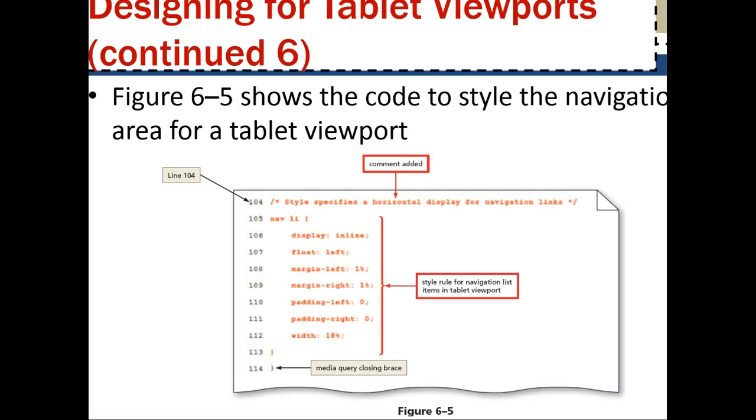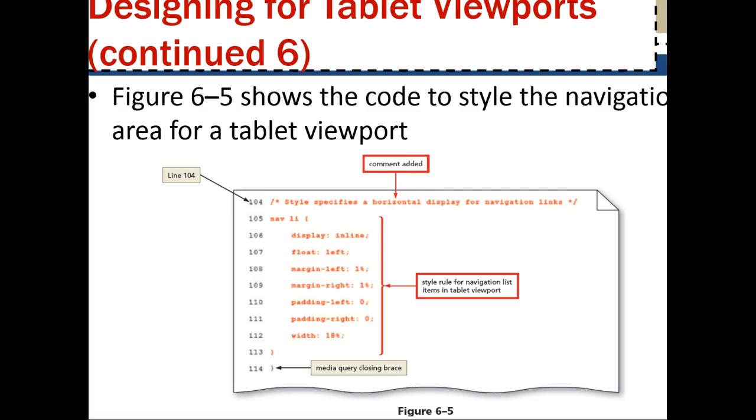Figure 6.5 shows the code to style the navigation area for the tablet viewport. On line 104, you insert a comment that says style specify a horizontal display for navigation link. On line 106, you put display inline to add a property and a value. On line 107, you type float left.